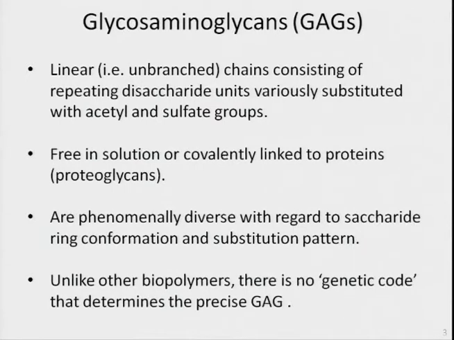And even within a single GAG, the substitution patterns are not uniform. There are regions that are more highly sulfated, regions that are not so sulfated, regions that are acetylated, and the like. And unlike other biopolymers, there's no genetic code that determines the precise GAG conformation or substitution pattern, although there are several enzymes that are involved in the post-modification of GAGs.